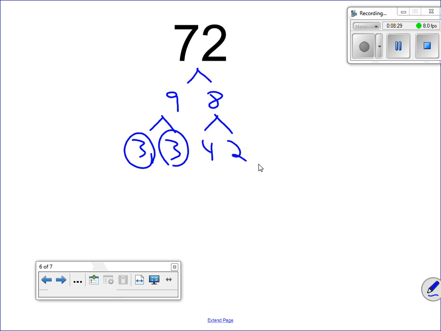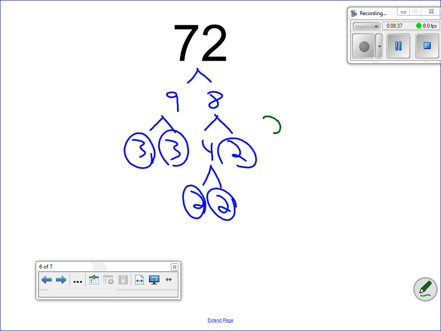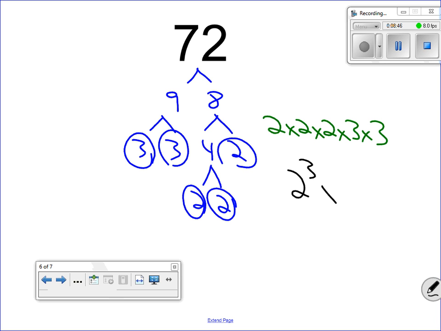And I know 2 is a prime number here. 4 is not a prime number because 2 times 2 equals 4. So how would I write this answer? I have 2 times 2 times 2 times 3 times 3. How would I write this answer with an exponent? 2 to the 3rd power times 3 to the 2nd power.